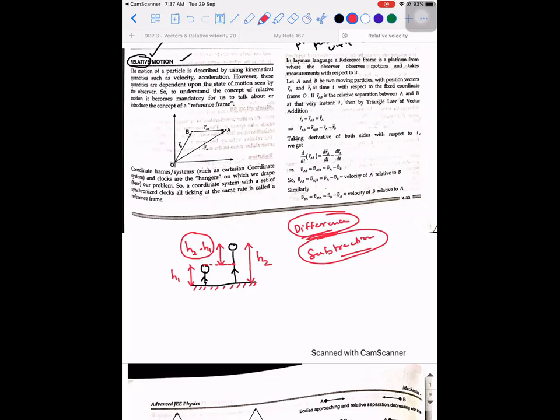When I say difference, you report only the magnitude. When I say subtraction, you can get a negative. For example, the difference between 1 and 2 is 1 only. But 1 minus 2 is not 1, it is minus 1. So this is subtraction, this is difference. Are you guys able to understand?